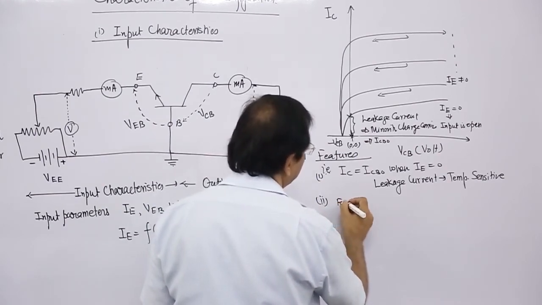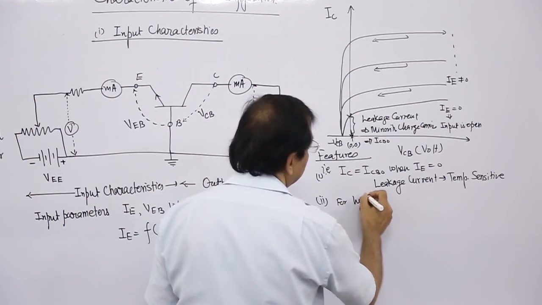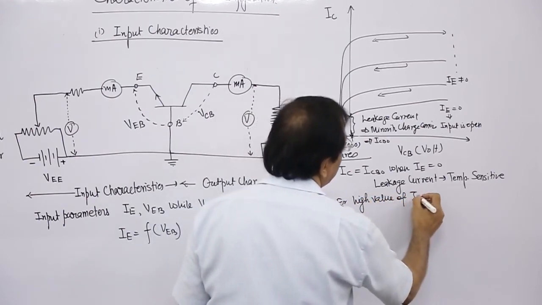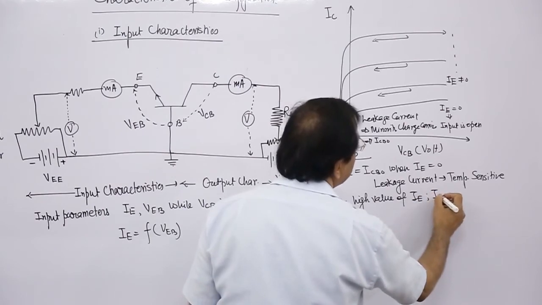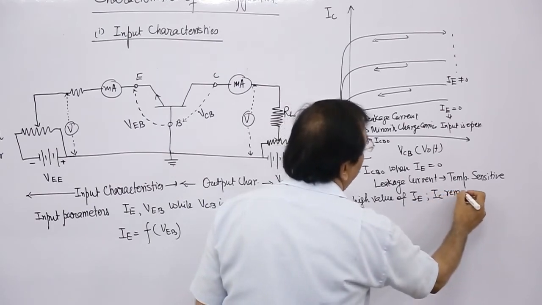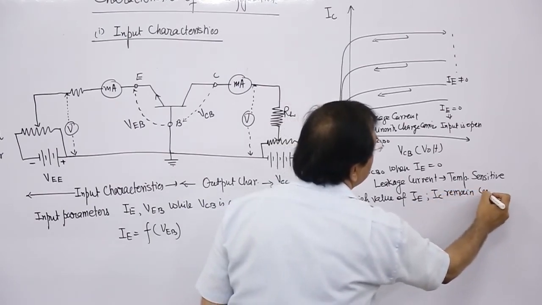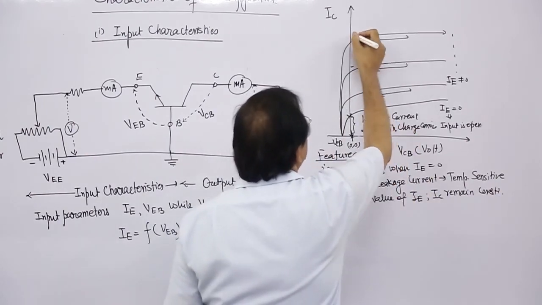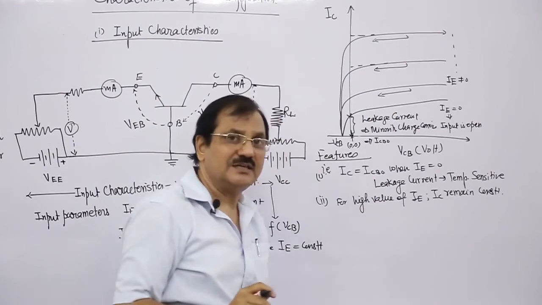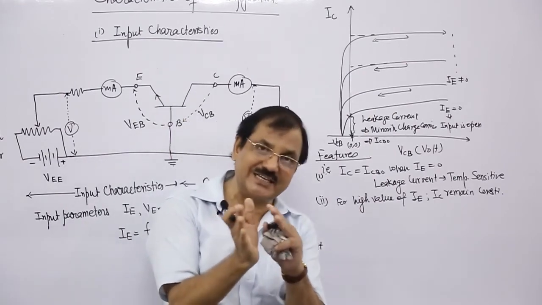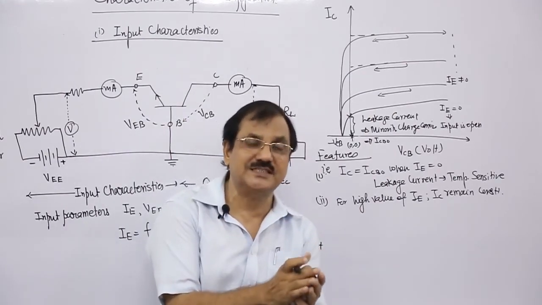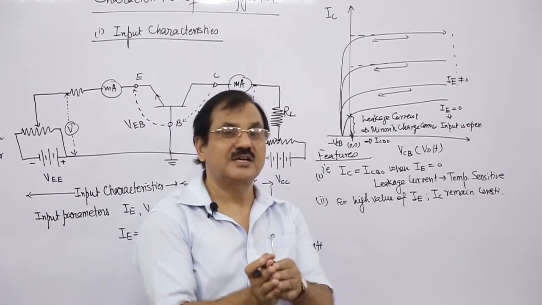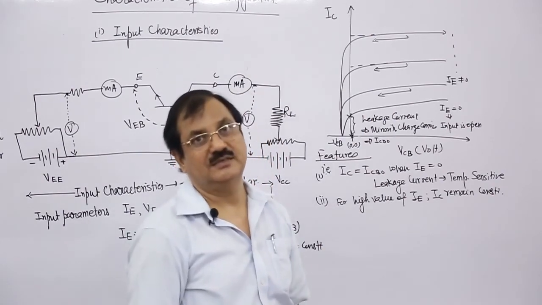Second is, for high value of IE, IC remains constant. This part remains constant. Why does it remain constant? Because whatever charge carriers are coming from the emitter section, these charge carriers are transferred to the collector region.